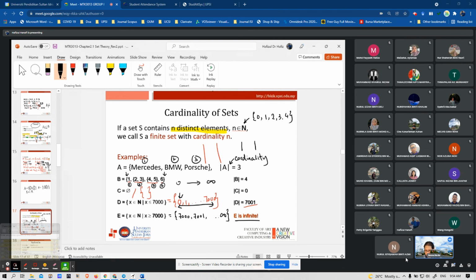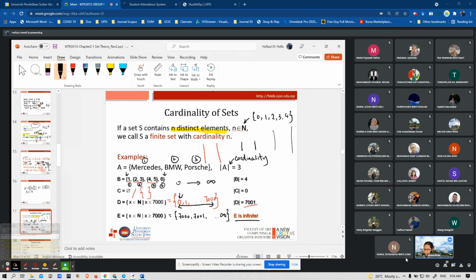We can denote cardinality with two bars. For example, we have Mercedes, BMW, and Porsche. The cardinality of set A is three: 1, 2, 3.